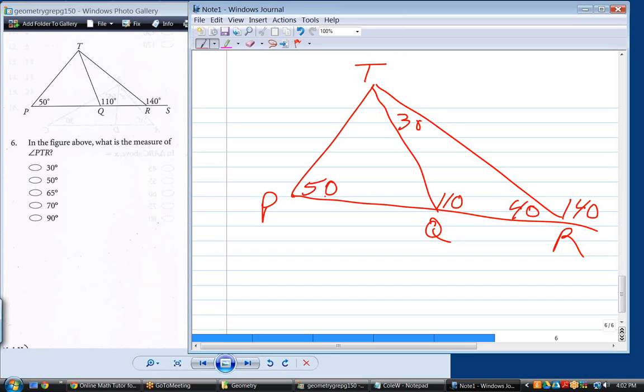What's TQP, this one right here? It's supplementary with that 110, so 70. And what's this one right here? 60. So the angle they want, PTR, is 90. It's the sum of these two here.